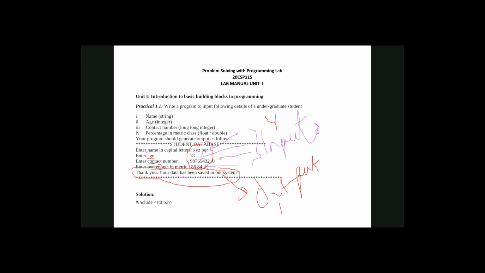So how many total outputs are there? Five outputs are there. Okay, clear to you? Clear to you? Okay, clear. Now I will show you in this program.